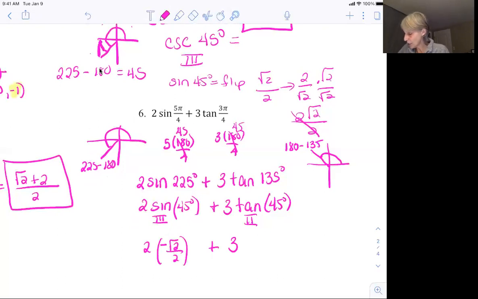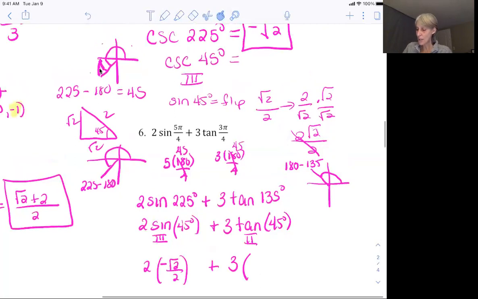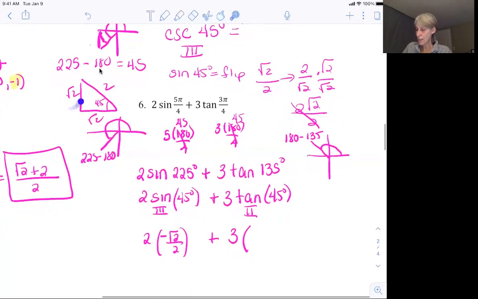Tangent of 45 in quadrant 2. This one is the quadrant 2 angle. So the tangent of 45, I just draw my triangle whenever I need it. The tangent is opposite over adjacent.